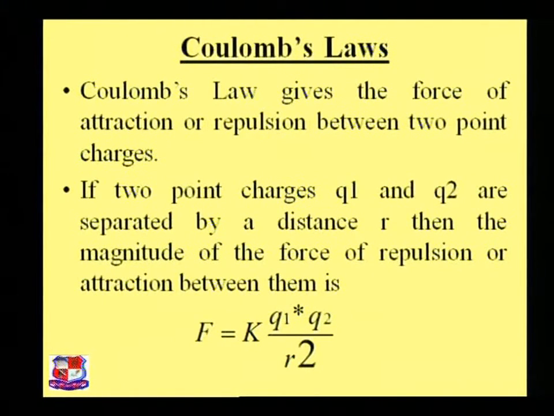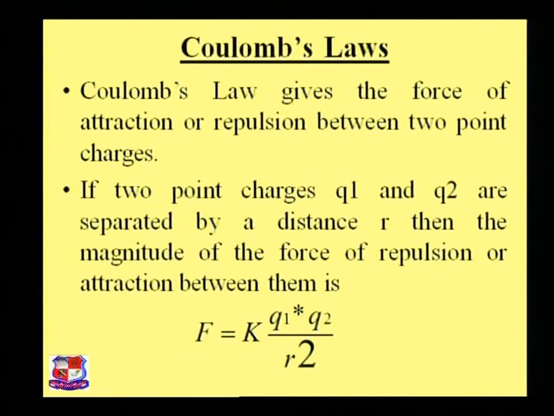If two point charges Q1 and Q2 are separated by some distance r, then the magnitude of the force of repulsion or attraction between them is given by the Coulomb's law equation. F is the force applied on the two charges. F is proportional to Q1 and Q2, and inversely proportional to r square.